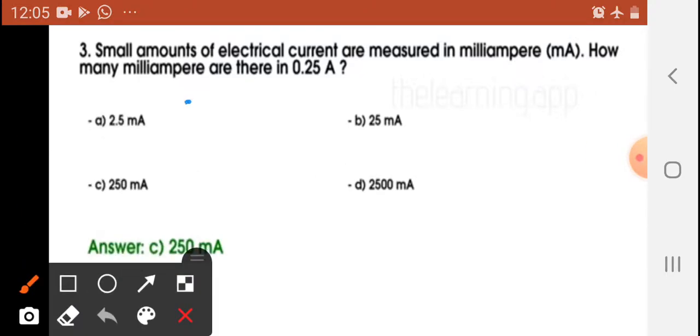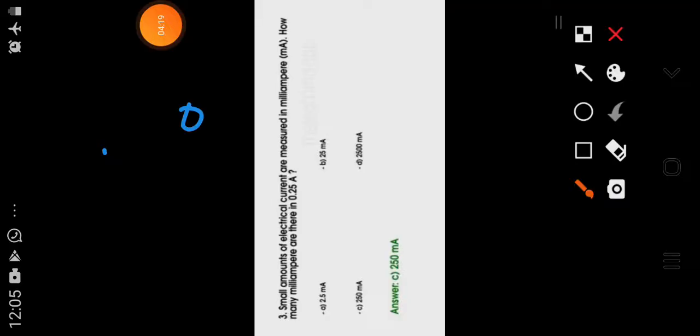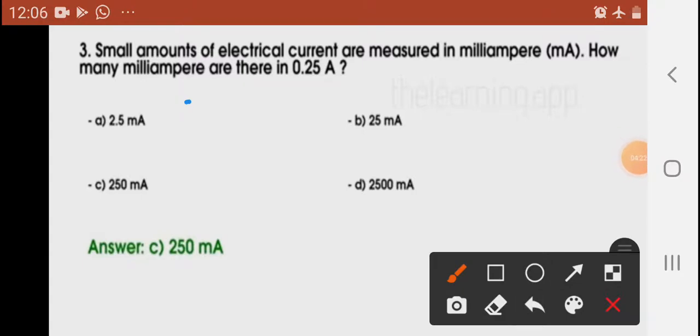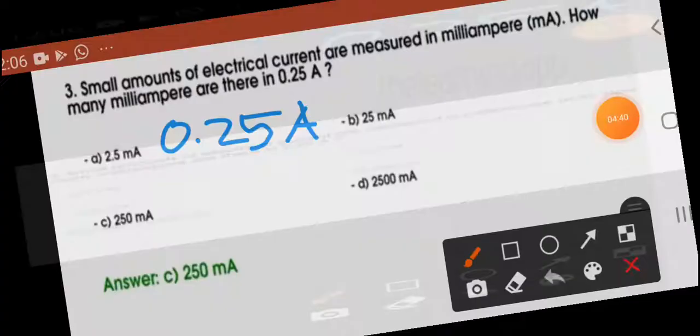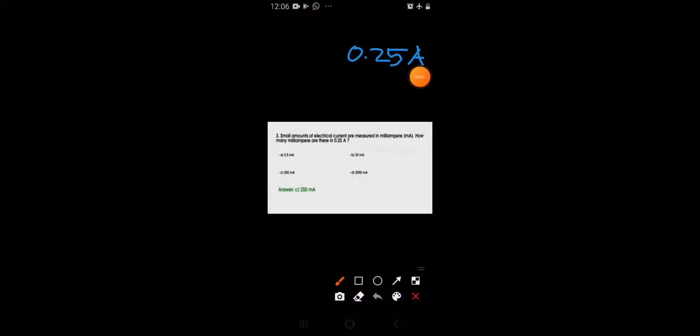Listen here. We have 0.25 ampere, and in terms of current we are going to say milliampere.